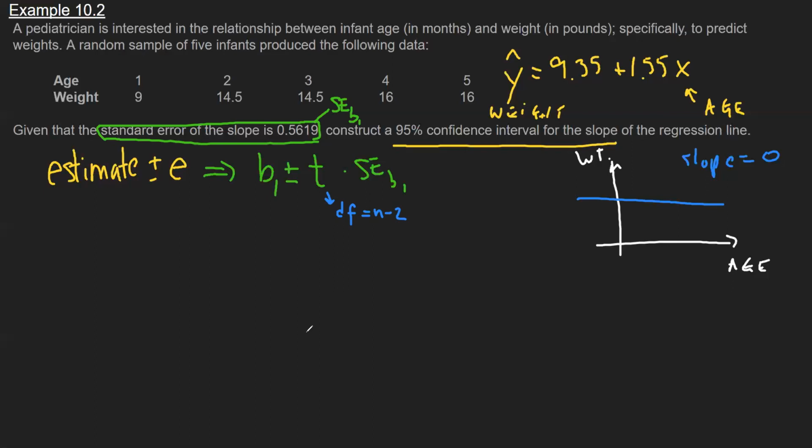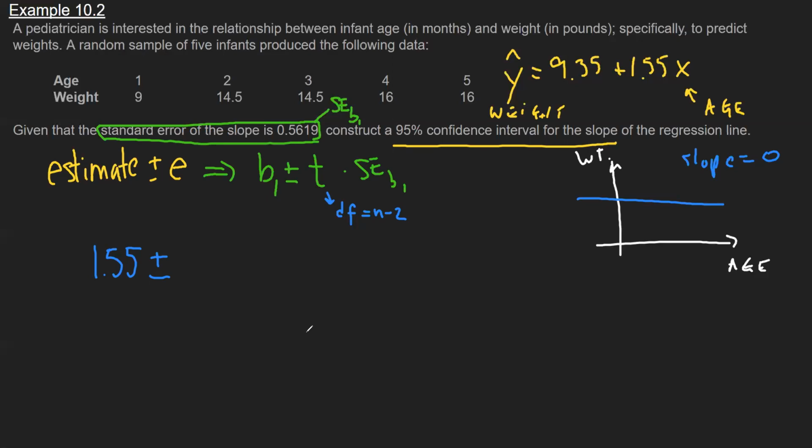So if we finish this example using the numbers from our data, the slope we have here is 1.55 that we figured out in the last video. Now I'm going to look up 95% with degrees of freedom n minus 2. If you recall here, we have 5 data points, so n is 5. Degrees of freedom will therefore be 3.